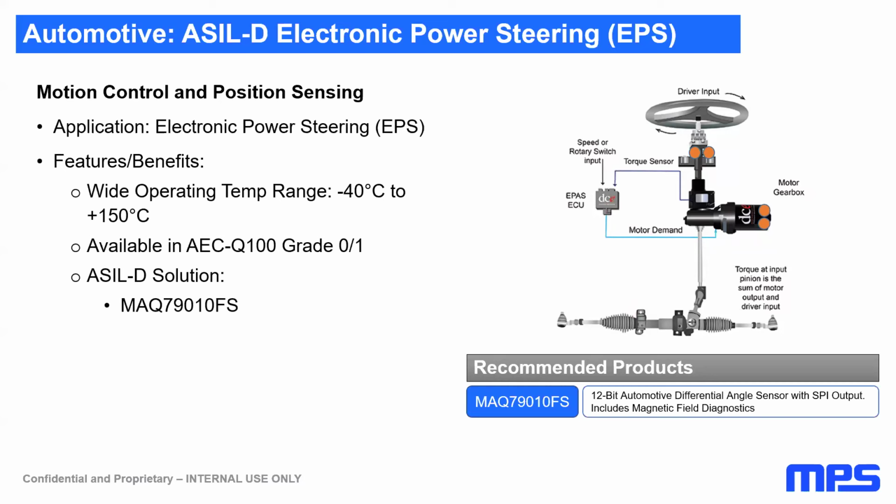Neodymium. Is a neodymium magnet a must to run the differential Hall sensors? No, it is not. You can have any dipole magnet. Field strength is not the goal. So you can use powdered ferrite as long as you can get plus minus 10 millitesla, and we'd really like to see more like plus minus 20 millitesla. Then you're fine. What will happen is that if you go from 20 to 10, your resolution will drop.